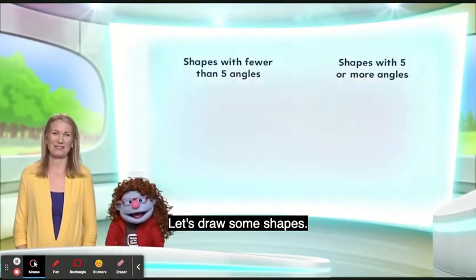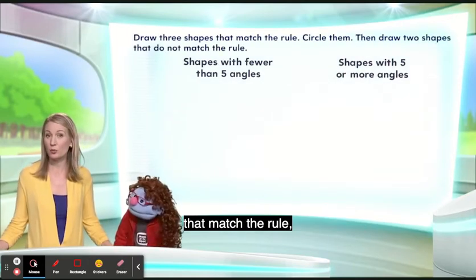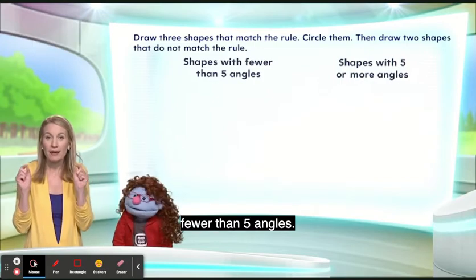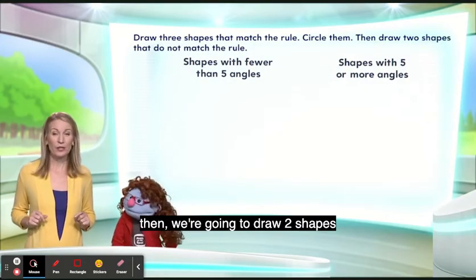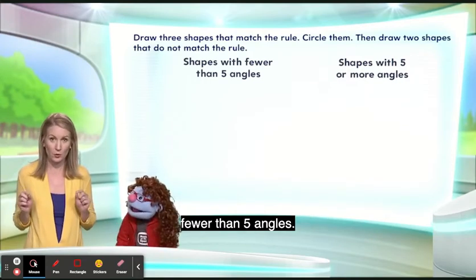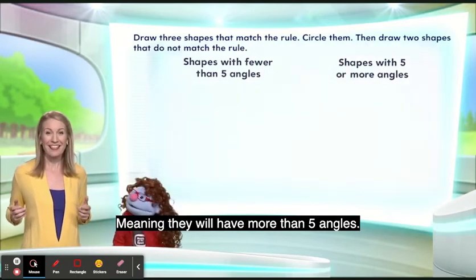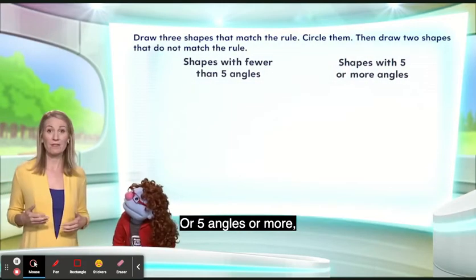Let's draw some shapes. Today we're going to draw 3 different shapes that match the rule fewer than 5 angles. Then we're going to draw 2 shapes that do not match the rule, meaning they will have 5 angles or more.